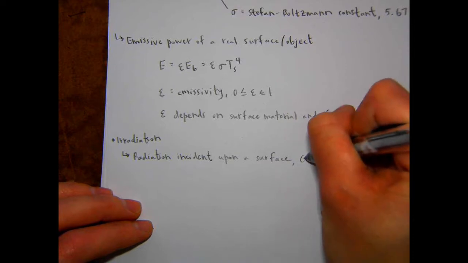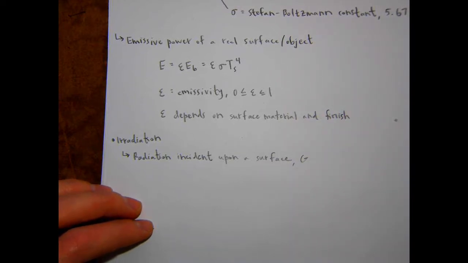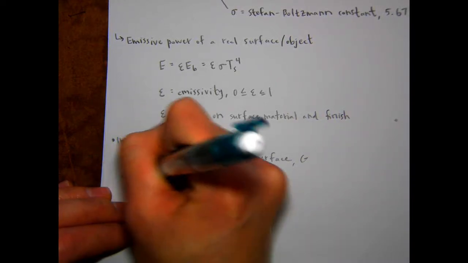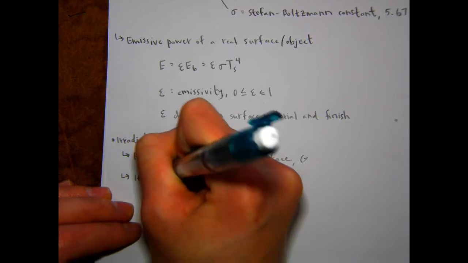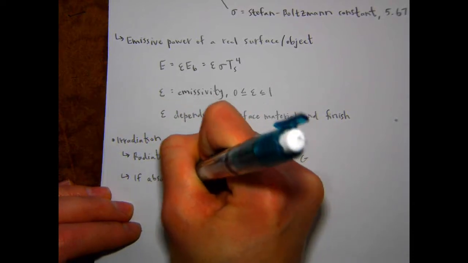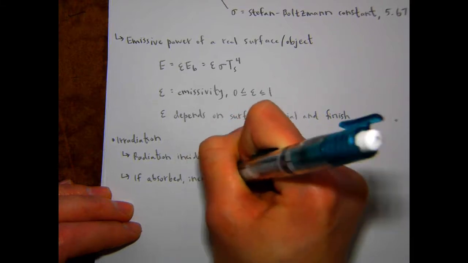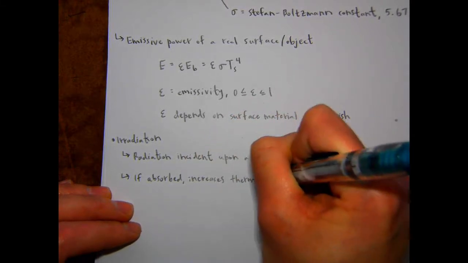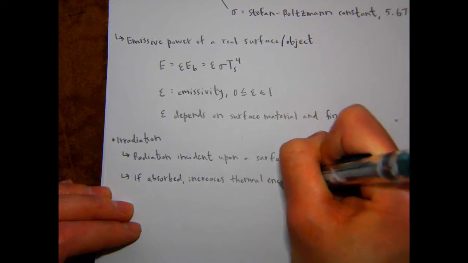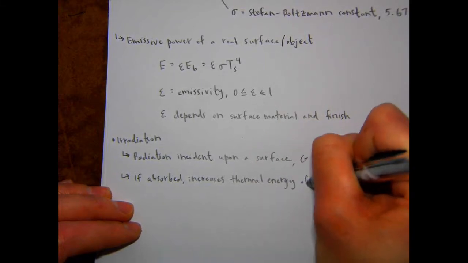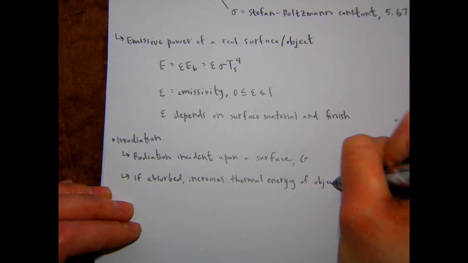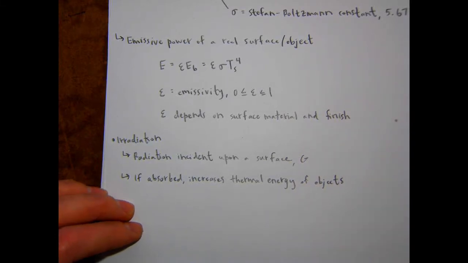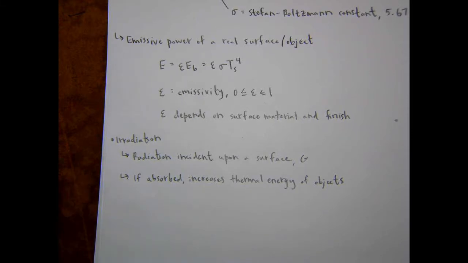Okay, so capital G. And if it's absorbed, it increases the thermal energy of the object. And that happens because you end up with electrons in higher electron configurations.